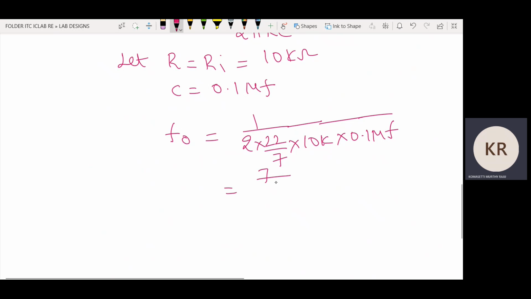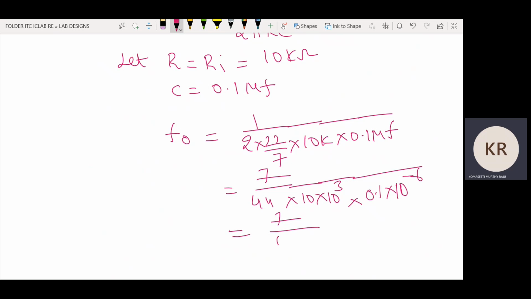That is equal to 7 by 44 into 10 power 3, into 0.1 into 10 power minus 6. That is 7 by 44 into 10 power 4 into 10 power minus 7.